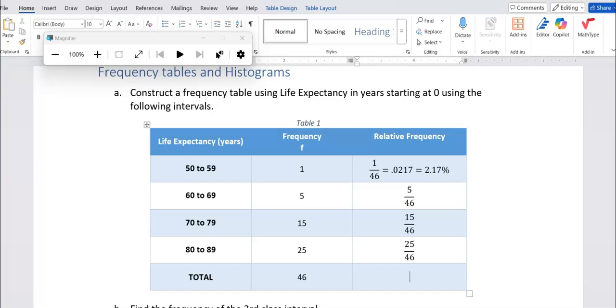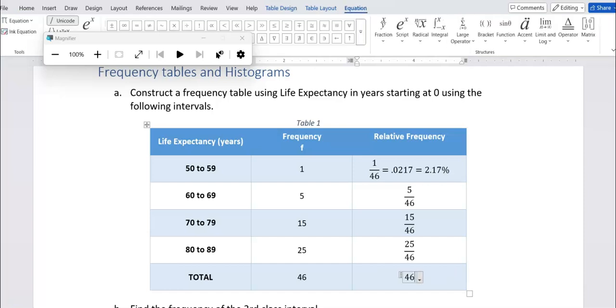And obviously 46 divided by 46 would be 100%, equals 1 or 100%. So you can go ahead and fill in the other decimals based on the results in StatCrunch.